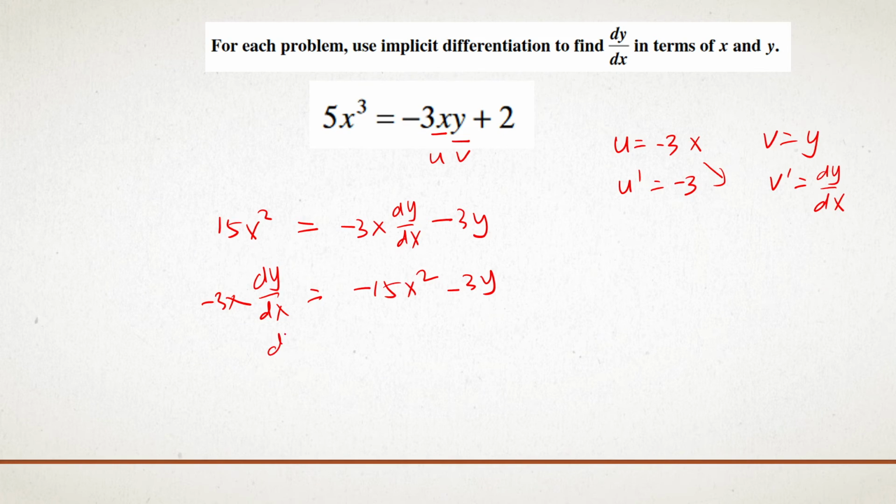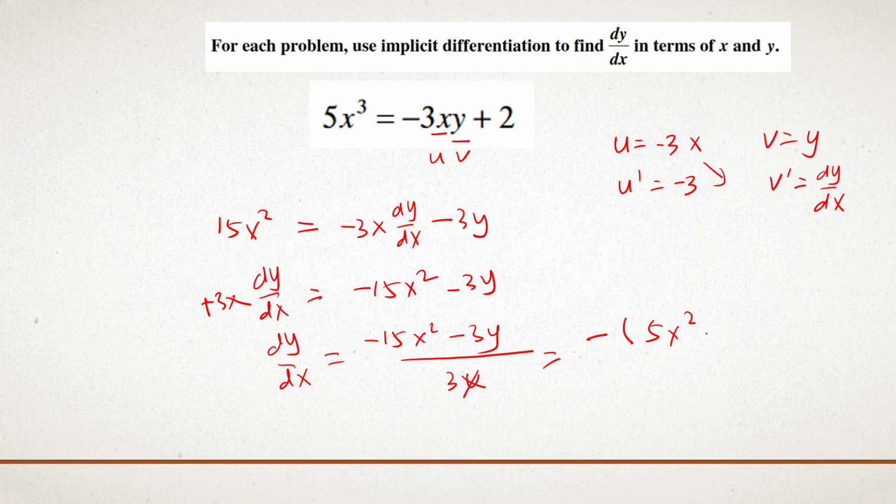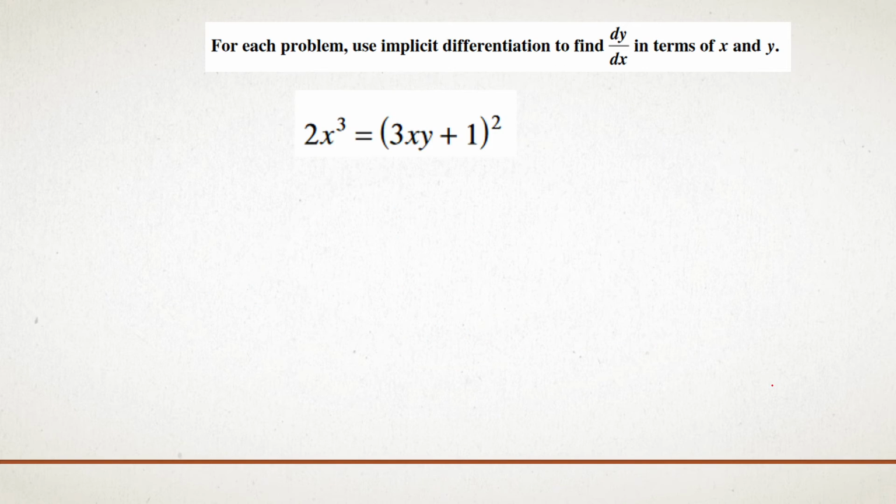Okay, then finally dy/dx, this one is positive, so it's negative 15x squared minus 3y divided by 3x, and we simplify the 3, so we have negative 5x squared minus y over x.